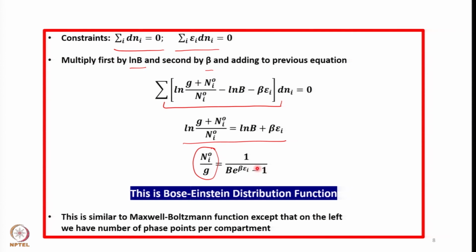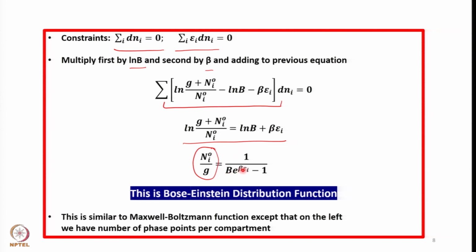Now, if you want to further get into this theory of the Bose-Einstein distribution function, you can find out the expression for B. You can also find out the expression for beta, which will turn out to be 1 over kT. So the distribution function that we just derived is similar to the Maxwell-Boltzmann distribution function, except that on the left hand side we have the number of phase points per compartment, and on the right side we have this factor which includes B, beta and energy levels.